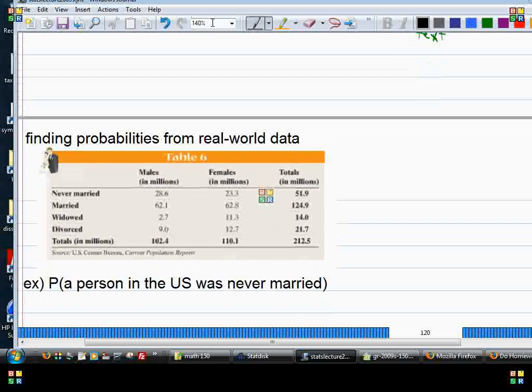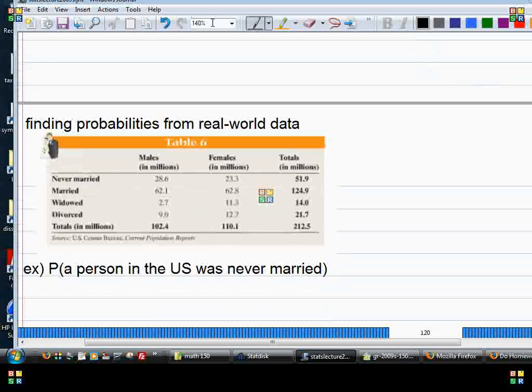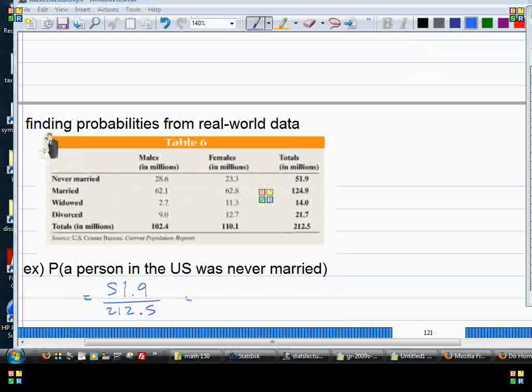All right, so now, what's the probability that a person in the US was never married? There you go. 51.9 out of 212.5. Notice that we don't need to write out all the zeros, because it'll cancel. And now we need to figure out what this equals. 51.9 over 212.5.